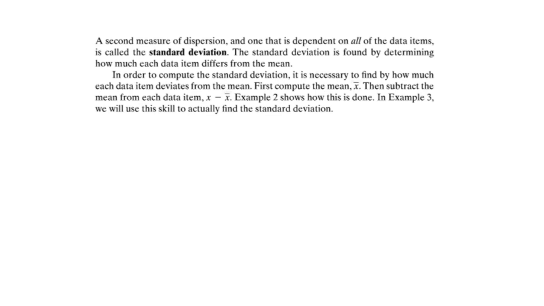To get started on finding the standard deviation, the first thing you'll need to do is find your mean. The symbol we use for mean is X bar. Remember, the mean is found by adding all your data values together and dividing by the number of data values. So X bar is the mean or the average.